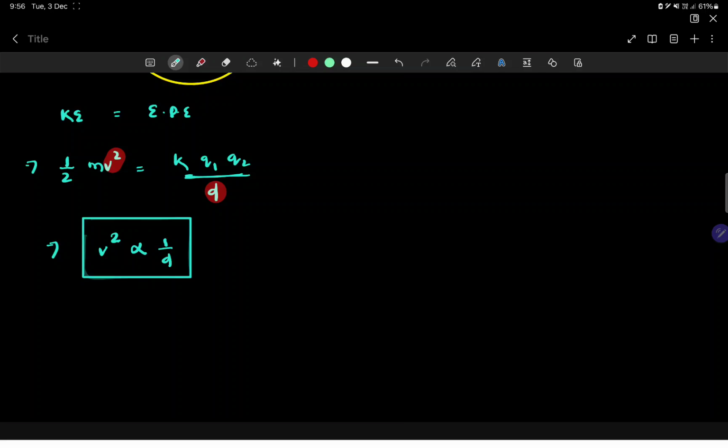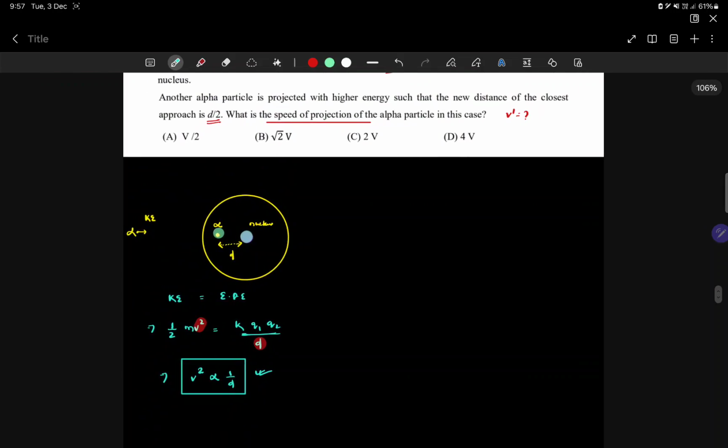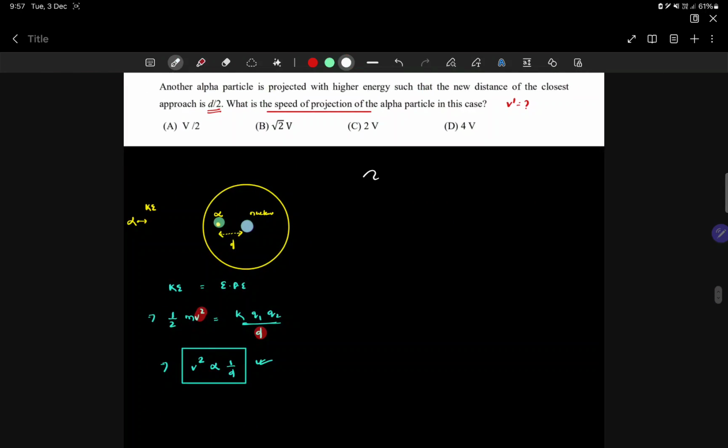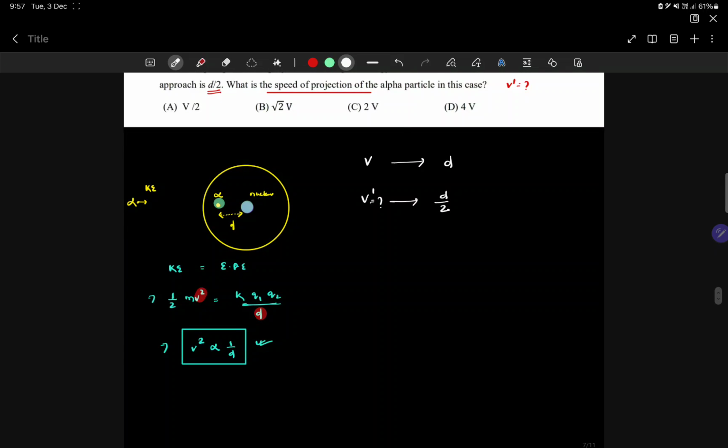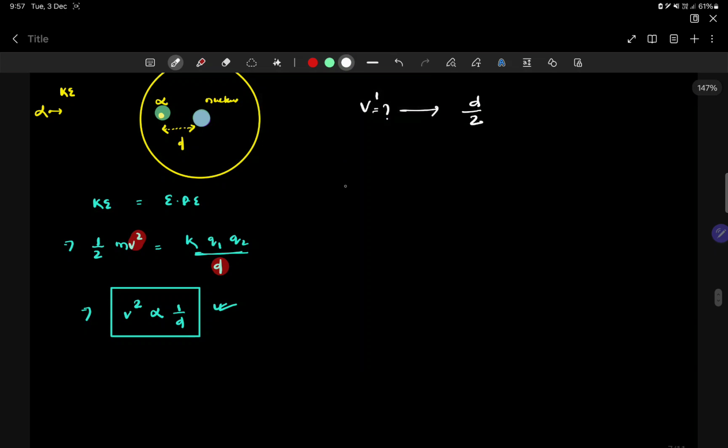So if v square is proportional to 1 by d, we can use this relation to solve this numerical. In the question it is given that when the speed is v, the distance of closest approach is d. So for what value of v will the distance of closest approach be d by 2? That we have to calculate. As per the formula, v square is proportional to 1 by d.